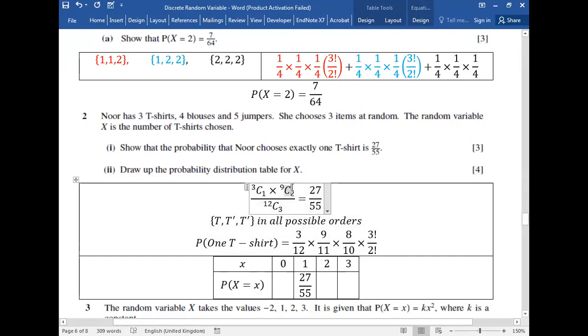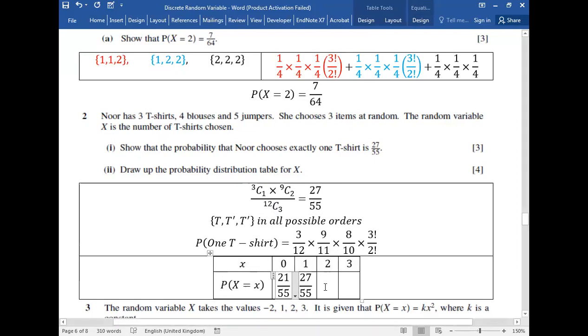We could use combinations as well. 9C3 divided by 12C3. Or not t-shirt, not t-shirt, not t-shirt: 9 over 12 into 8 over 11 into 7 over 10. 21 over 55.